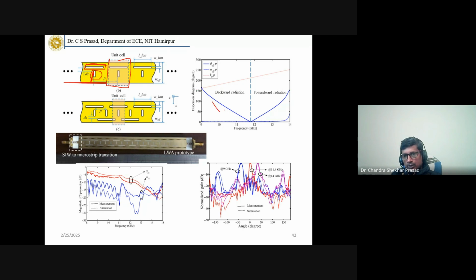Using these techniques, this is the dispersion diagram. Now your beta is coming and just changing phase here, right? This point is for broadside radiation. In this way they have mitigated the open stop band phenomenon.